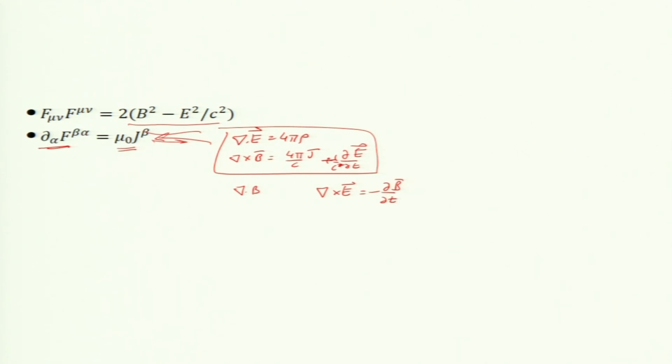This should be plus, otherwise the wave equation will be a problem. These two are constraints, and there are certain equations called Bianchi identities. These can all be derived in terms of F mu nu; it is a bit of algebra, but a very nice algebra, the starting point for covariant electrodynamics.